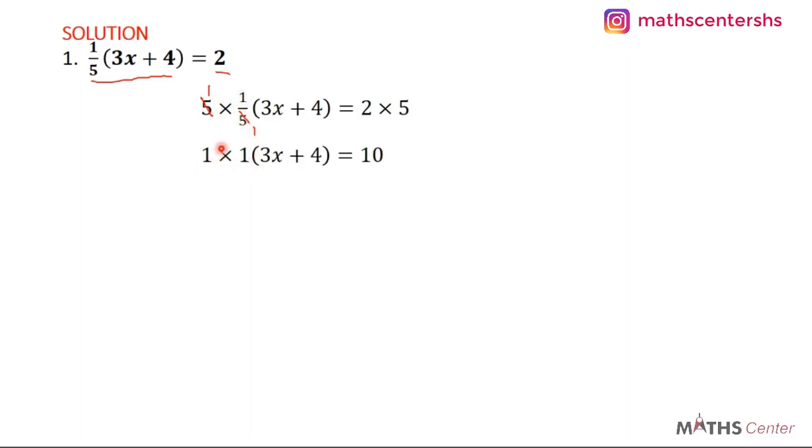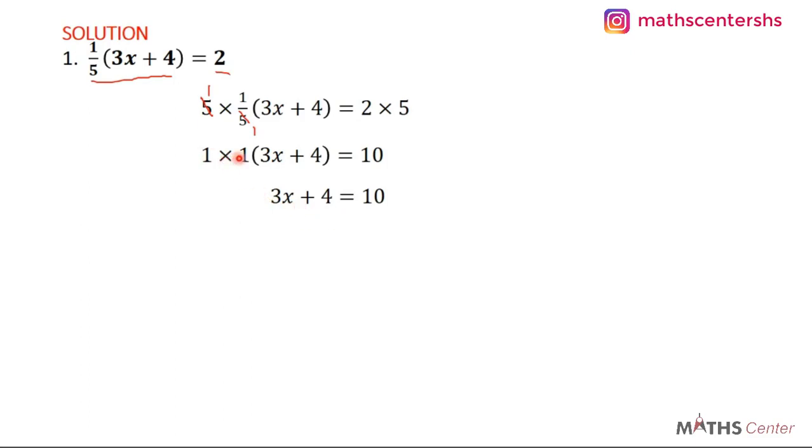So you are going to have 1 times 1 over 1, then what we have in the bracket, 3x plus 4, and 2 times 5 will give us 10. Now 1 times 1 will give us 1, and 1 times what is in the bracket will give us the same thing in the bracket, which is 3x plus 4. So I hope that is clear.